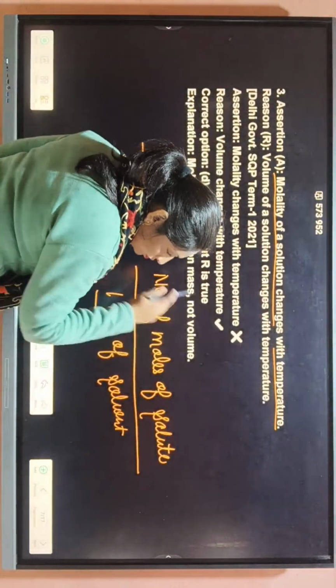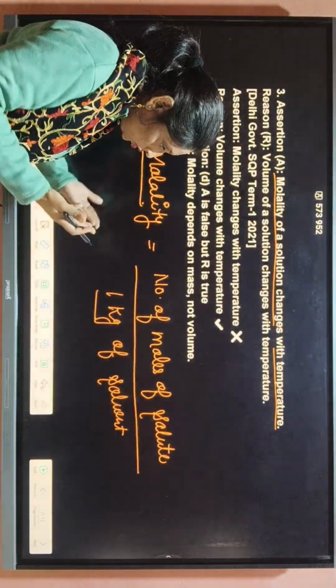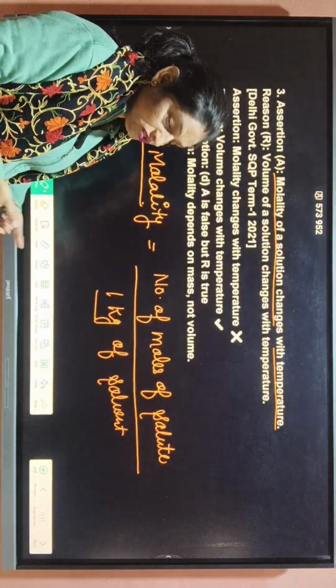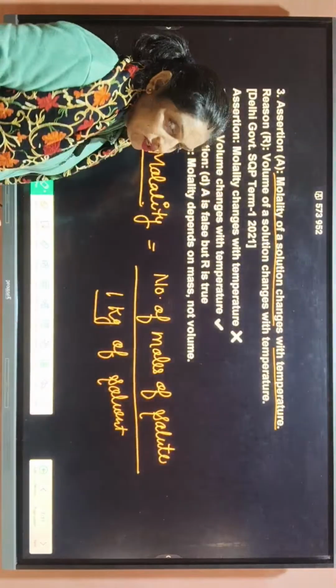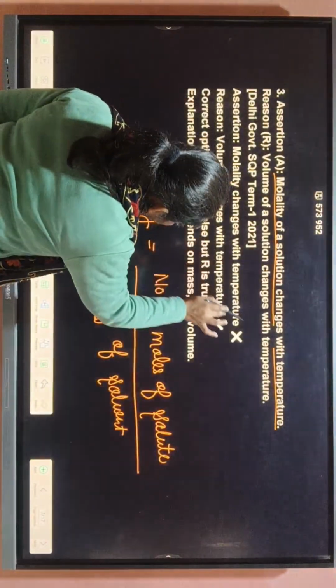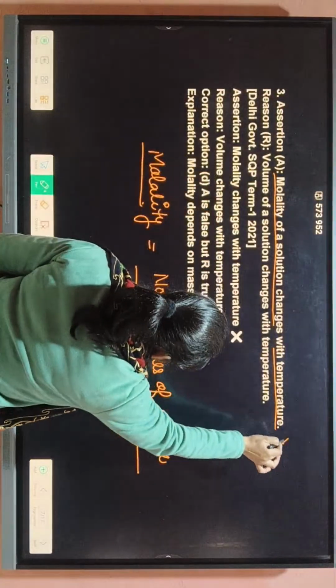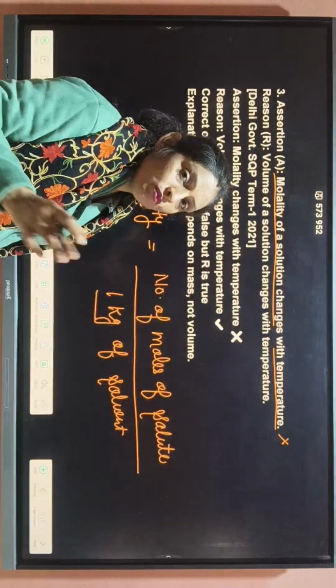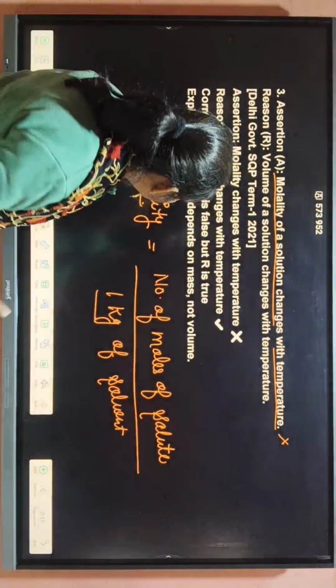So it is not depending on the volume, and if volume is not there, it is also not depending on the temperature. Okay, so student, molality changes with temperature, this is incorrect. Molarity is temperature dependent, but molality is not temperature dependent.